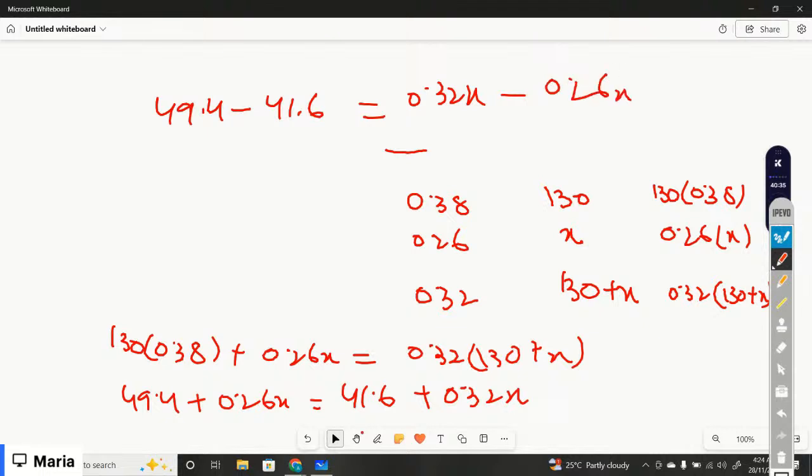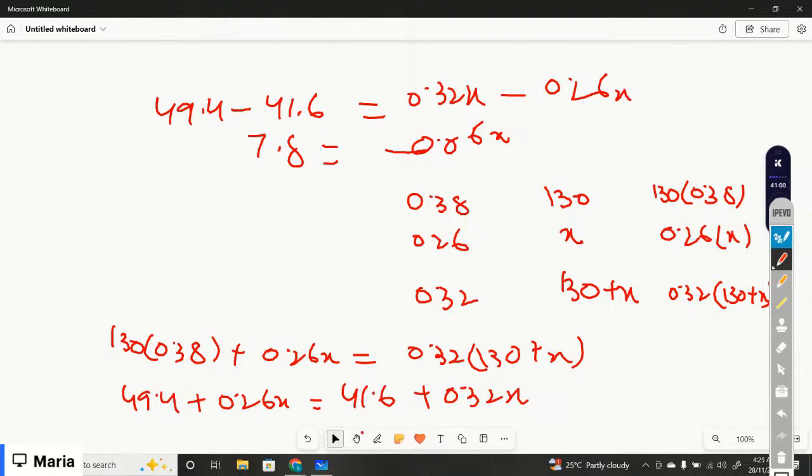49.4 minus 41.6 is 7.8, and 0.32 minus 0.26 is 0.06x. So divide both sides by 0.06. 7.8 divided by 0.06 is 130.